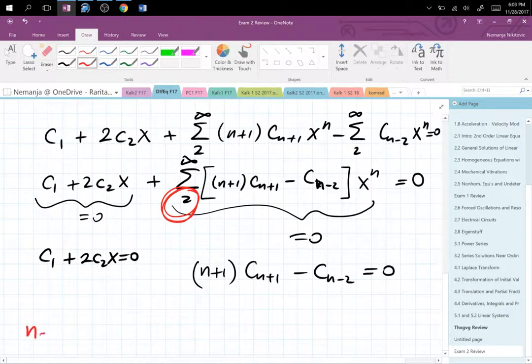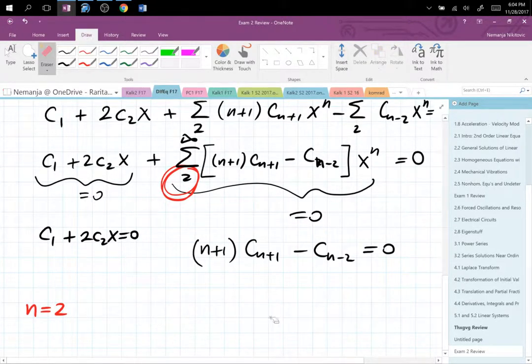So the first term we are going to calculate is n equals 2. Is that good, everyone? The first term on the series is 2, so n equals 2, and that's the first one we are computing. Now, when n is equal to 2, we get 3C3 minus C0 equals 0.